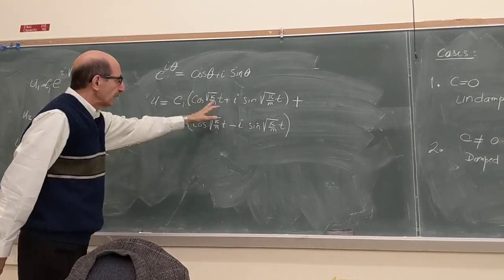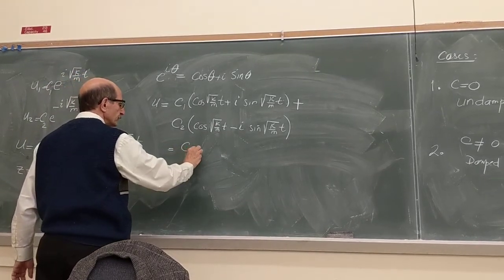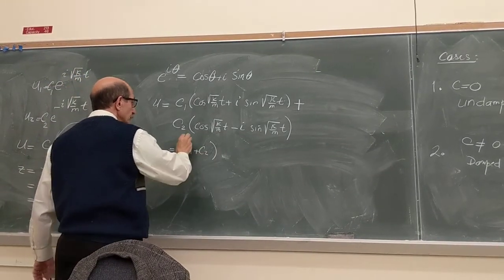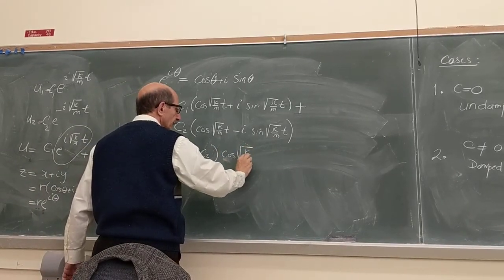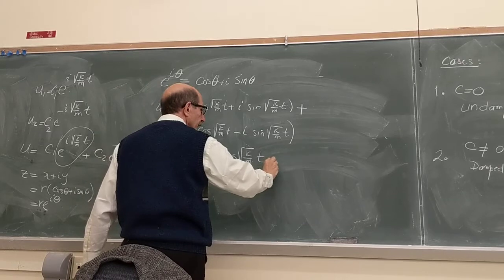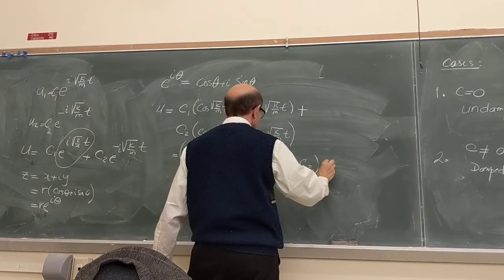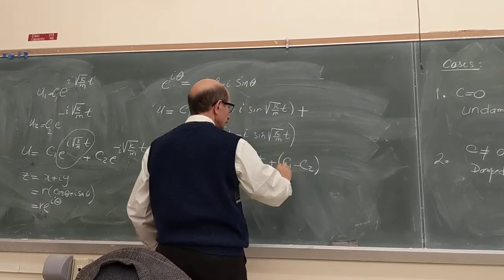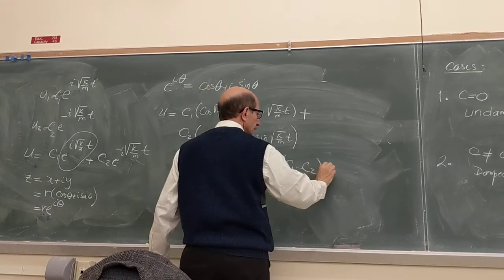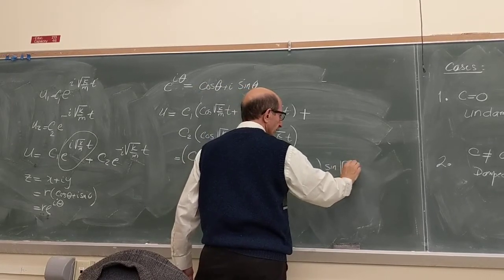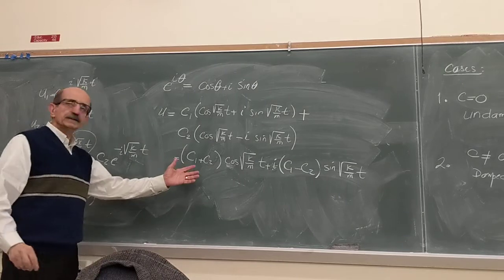If you factor out the common terms, this would take the form C1 plus C2 times cosine of square root of k over m t plus C1 minus C2 times, of course, i sine of square root of k over m t, right?